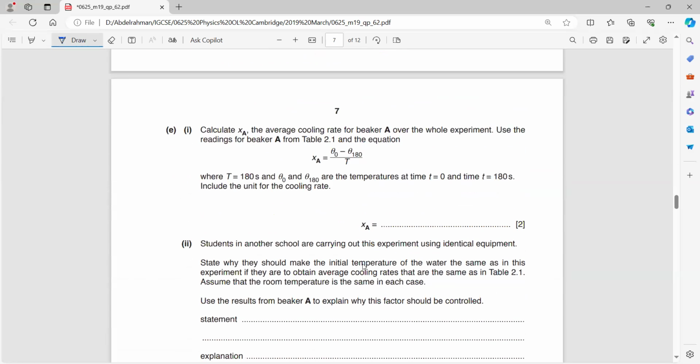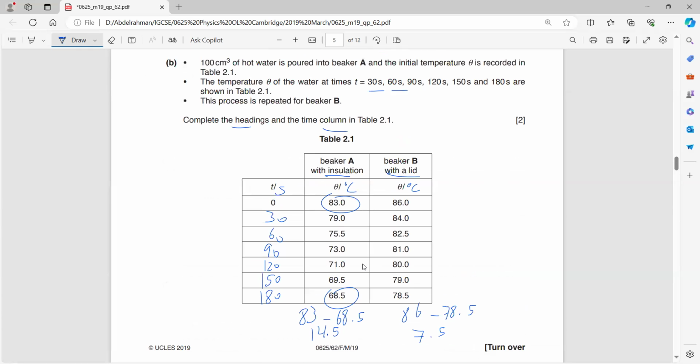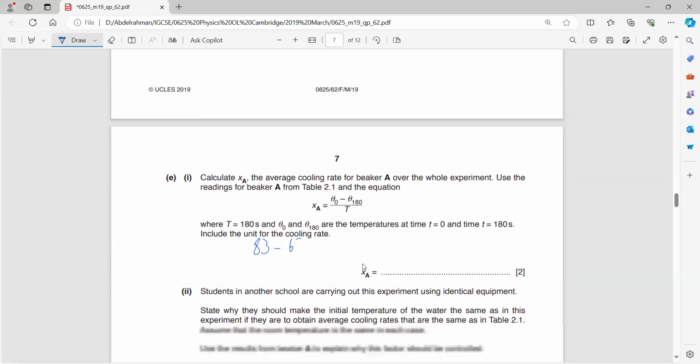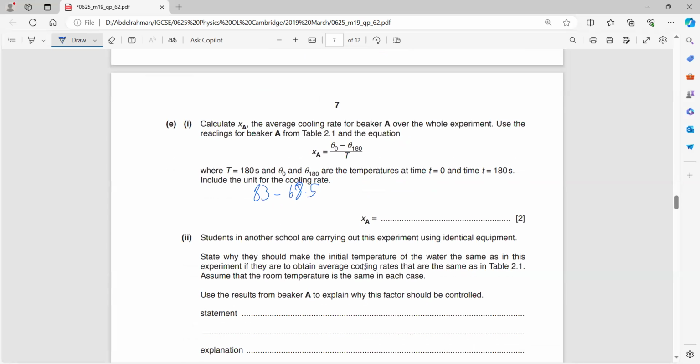This would give me a rate of cooling of 0.081. Include the unit: degrees Celsius per second.